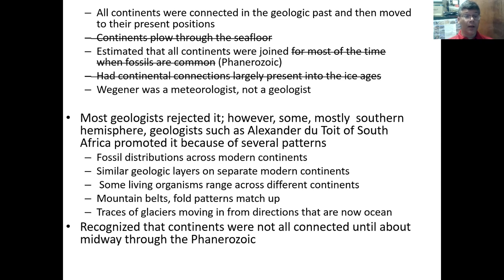Another thing, looking in rocks, I'm able to find scratches from ancient glaciers and older ice ages, and the directions of the glaciers don't fit with the modern day arrangement of the land. Dutoit was among those improving Wegener's model, also in noting that he had things connected too long, and so refining the model somewhat.